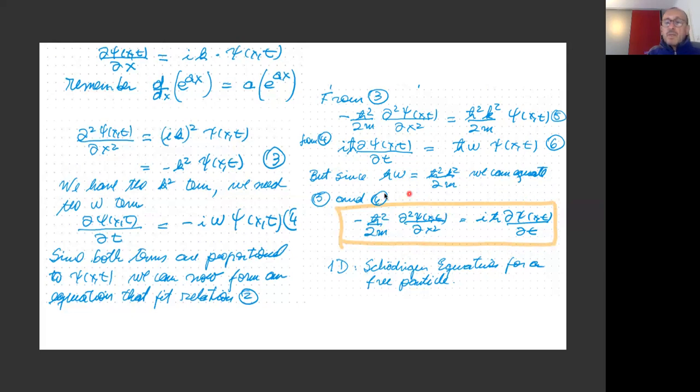This is the kinetic energy term, and this is the energy term. If this is the energy term, it means the energy is only equal to the kinetic energy of the system, because this is a free particle, so it makes complete sense. So this is the one-dimensional Schrödinger equation for a free particle.